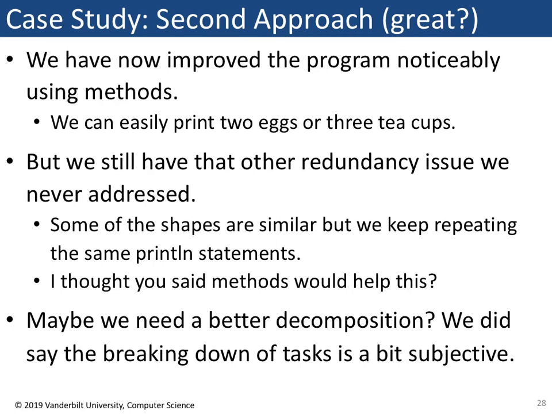To be able to solve this issue of remaining redundancy, where we're drawing the same pieces of figures in multiple locations, we may need to revisit our decomposition because, as we said, decomposition is a bit subjective, so maybe there was something we missed.